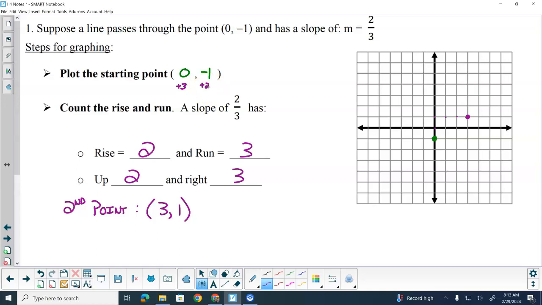Then from there, I can again have a rise of 2 and a run of 3, and I can get a third point. That would be at 6, 3. 1, 2, 1, 2, 3. A rise of 2, a run of 3.